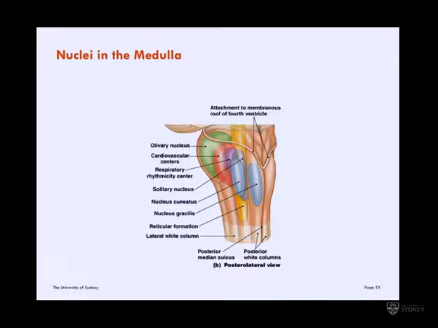If it's only the gracile, even if it's up here, you'll only have sensory deficits from the leg. Okay? If it's both gracile and cuneate, it'll be that entire side. And we'll talk about what functions are associated with these. If it's only cuneate, then it would be only sensory loss from the upper part of the body.